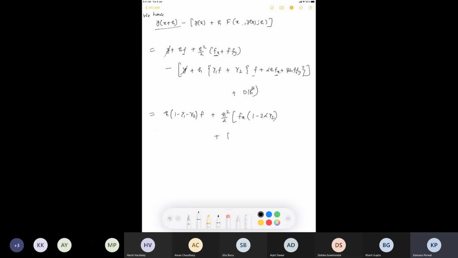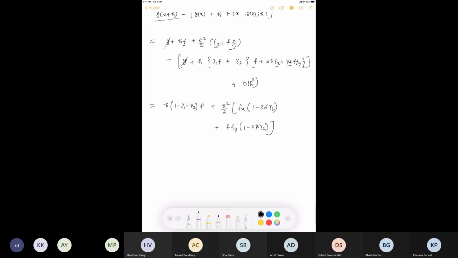And now let's combine the terms with f times f_y. From here I have 1, and then from here I will get beta times 2 gamma 2. So this will be minus 2 beta gamma 2. Okay, and then order h cube.